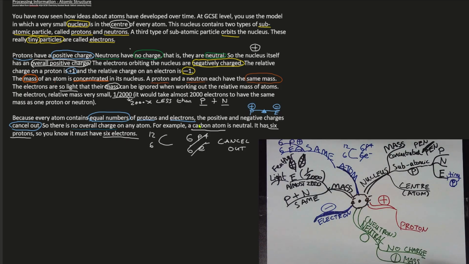And the proton also has a mass of 1. Okay, and we know that both of these, the neutrons and the protons, are in the nucleus, which we've said over here, but we can write that down and make it much more clearer.